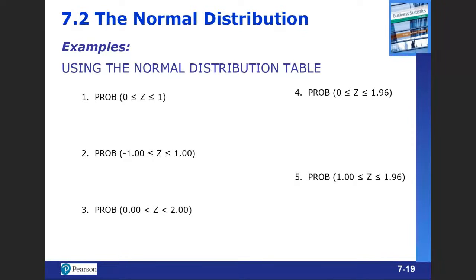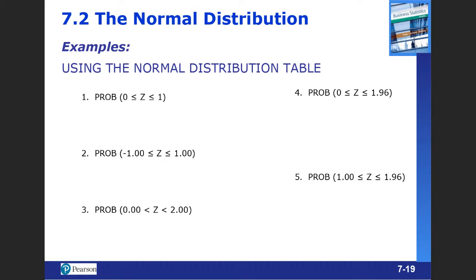So the next exercise is number 2, and that is asking us to find the probability when z is greater than or equal to -1 and z is less than or equal to 1. Okay, so again, first thing I have to do is draw my curve.